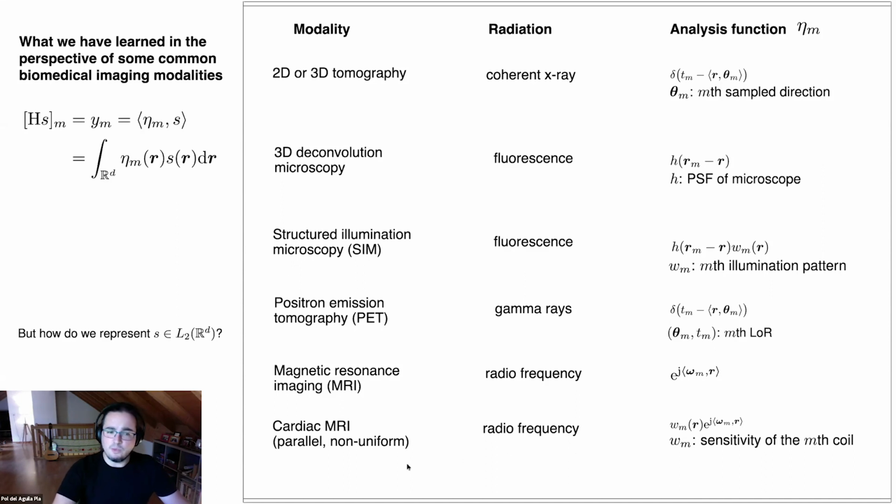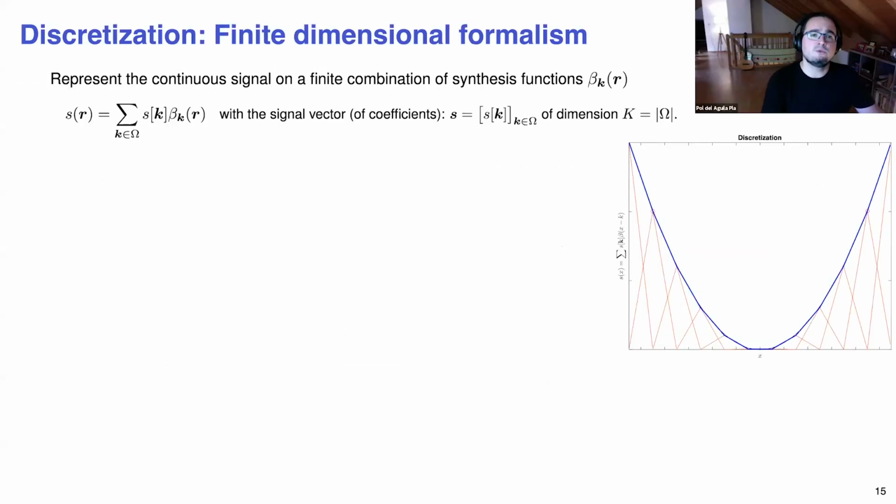So now that we know how to compute the measurements from the function, how do we represent this function which we ultimately want to recover inside our computer? For that, we usually use a finite dimensional basis or a finite dimensional set of synthesis functions shifted across the domain.